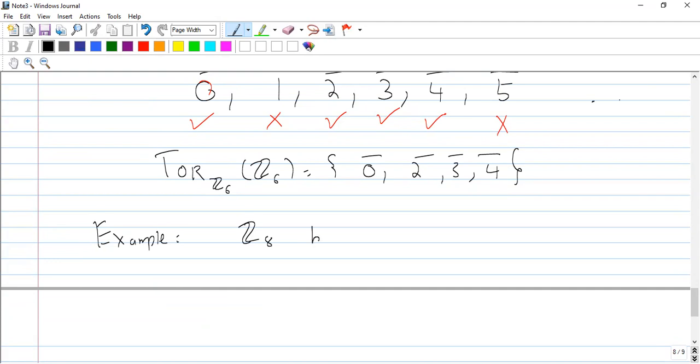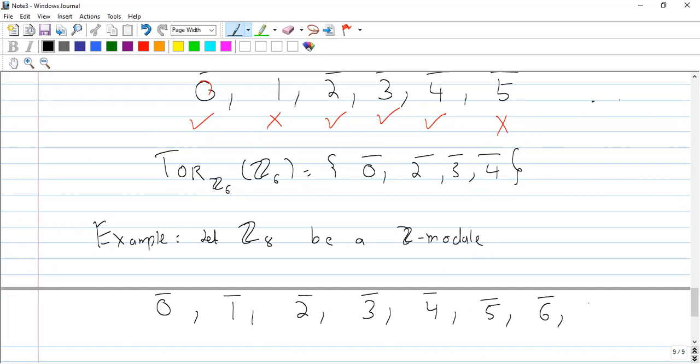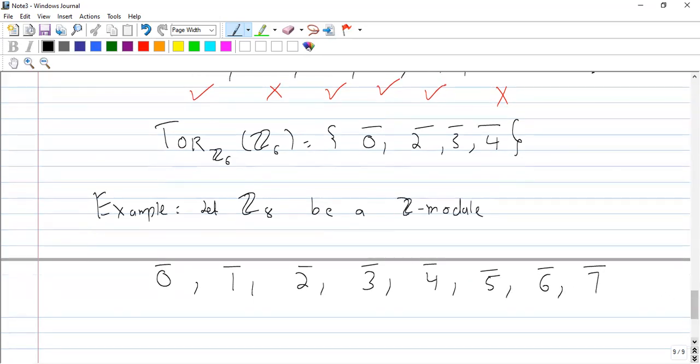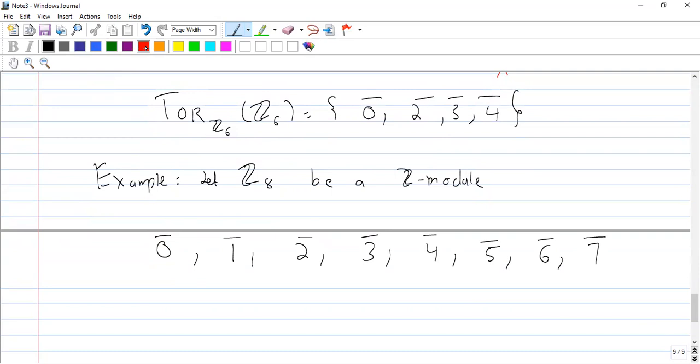Let Z8 be a Z module. I am taking Z8 as a Z module. Again there are 8 elements in Z8: 0 bar, 1 bar, 2 bar, 3 bar, 4 bar, 5 bar, 6 bar, and 7 bar. One can check that 0 bar is a torsion element.